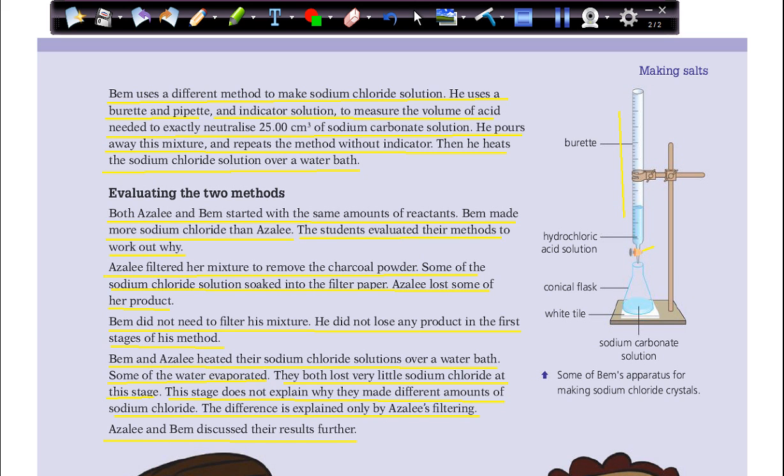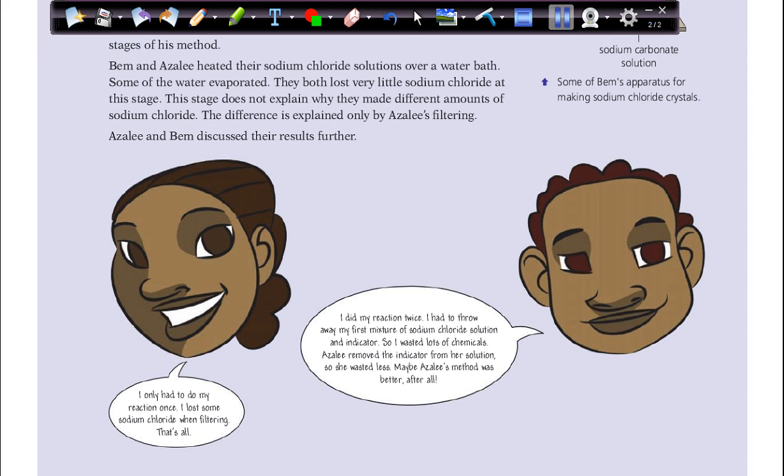So here, when BIM measured his quantity, having started with the same amount of reactants, he found that he lost a little bit of sodium chloride, but he couldn't explain exactly where, in which stage, because he didn't use any filtration. So here they discussed the results further.